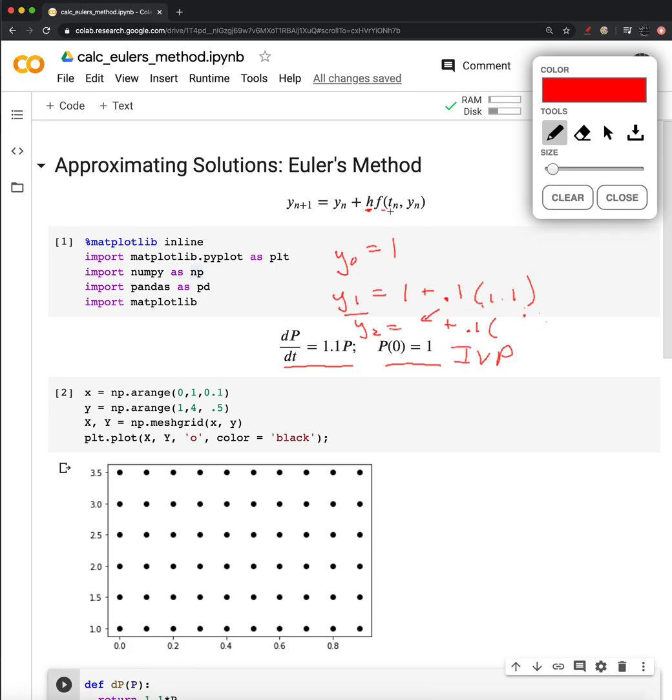All right, and we can just continue to update. And really what we're doing is we're just kind of walking along tangents for 1/10 of a step, and drawing little line segments each step.